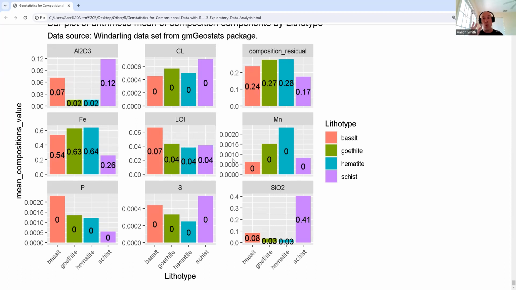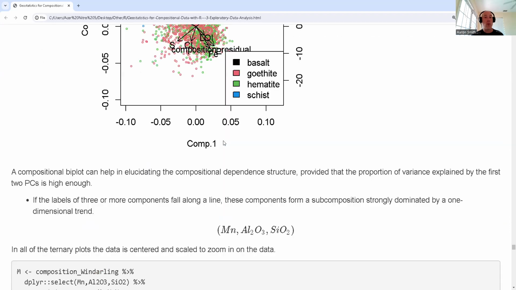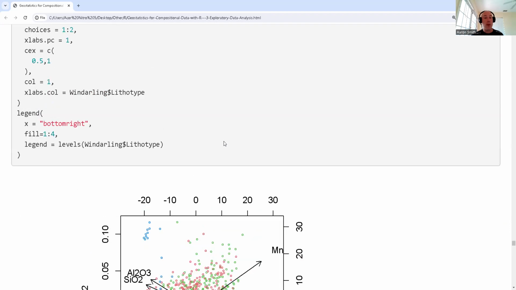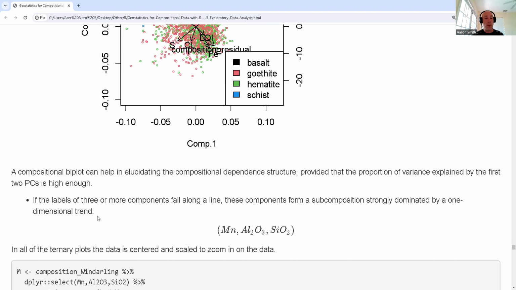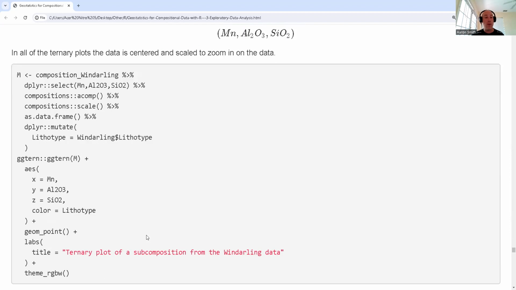So we've got three things going on when we look at biplots that are super useful for us with our composition data. If three or more components form a line, then we know that we have a one-dimensional trend in our ternary plot.